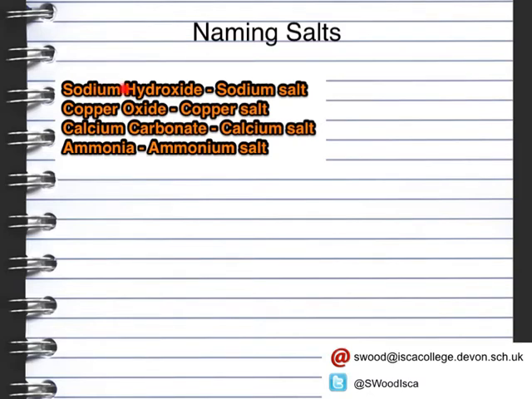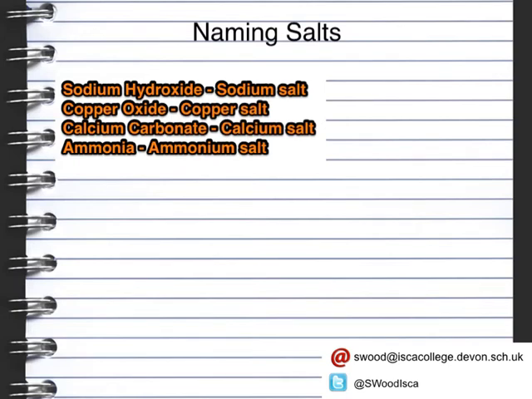Here we've got sodium hydroxide that will make a sodium salt. Copper oxide will make a copper salt. Calcium carbonate will make a calcium salt, and then we've got ammonia here which will make an ammonium salt. Depending on which acid you react them with will depend on the second part of the salt name.